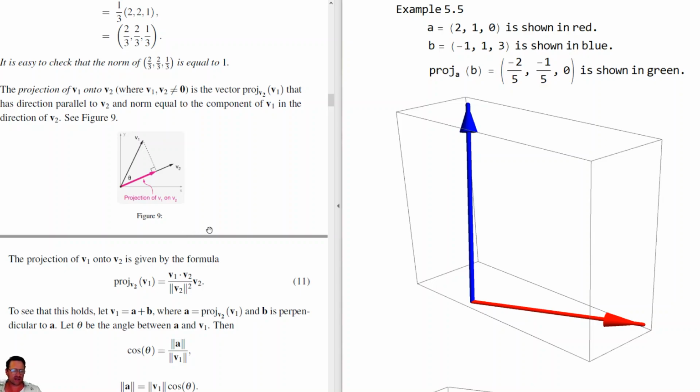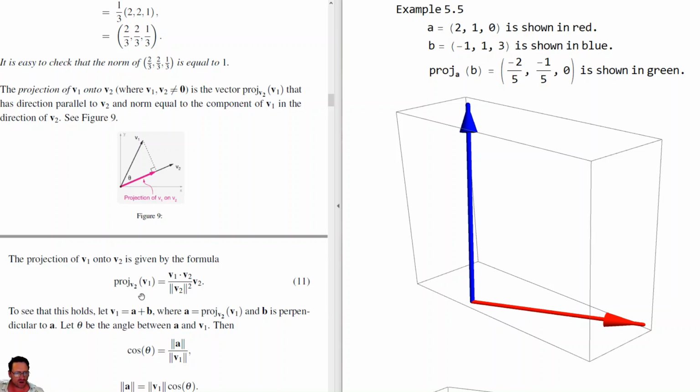So what we have is a vector v1 and a vector v2, and you could imagine this by shining a torch onto the vector v1 in a direction perpendicular to v2, so that its shadow onto v2 gives you one component of the vector v1 in terms of v2 and a vector perpendicular to v2, right? So that also kind of explains the use of it. All right, so the projection of v1 onto v2 is given by this projection formula.